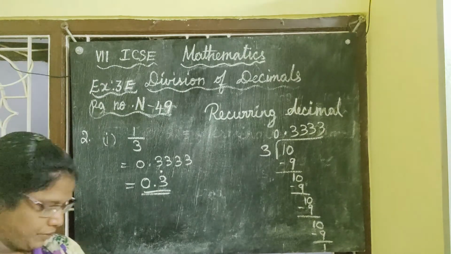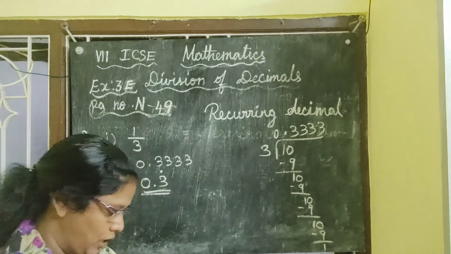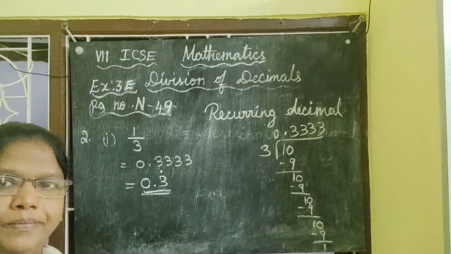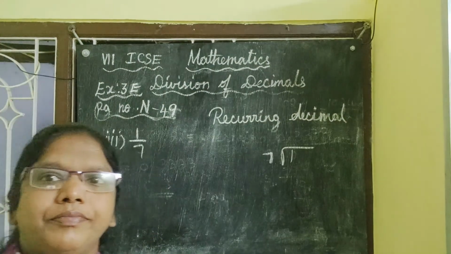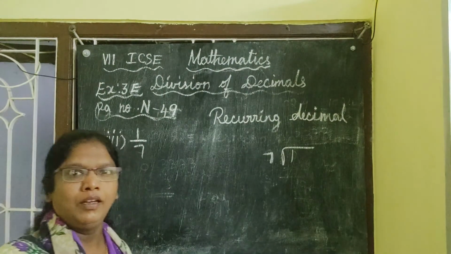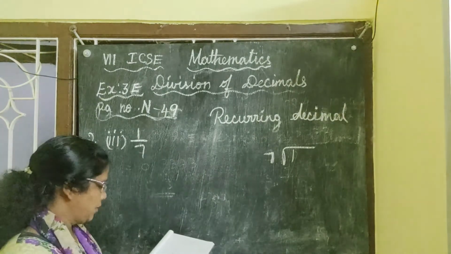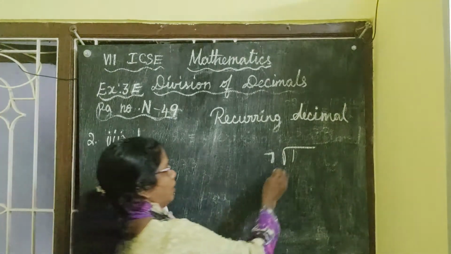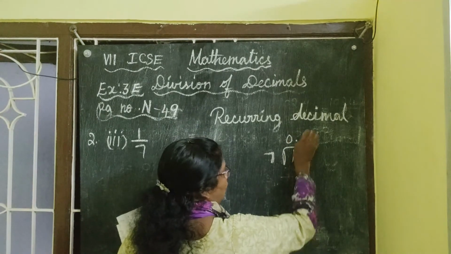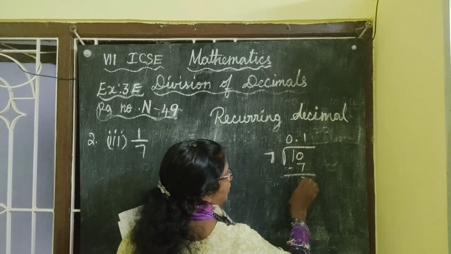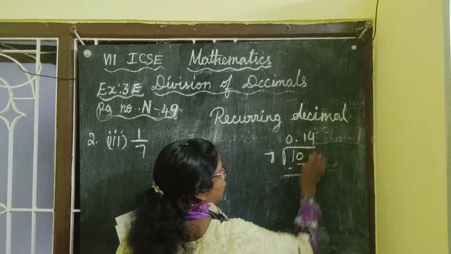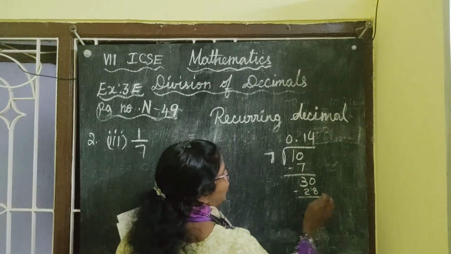We'll move to the next one. Here you see, we are going to finish this one. 1 by 7. So keep 0 one time. Remainder 3. Keep 0. 7 4s are 28. Remainder 2.